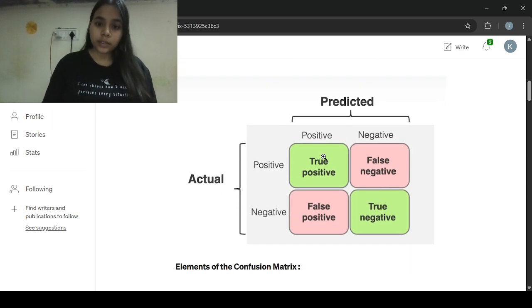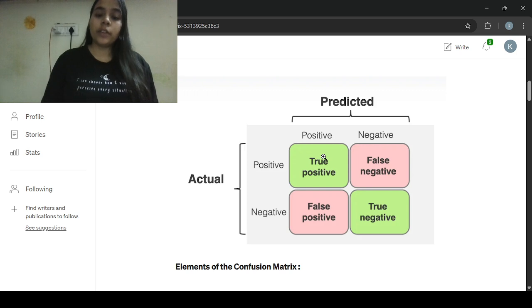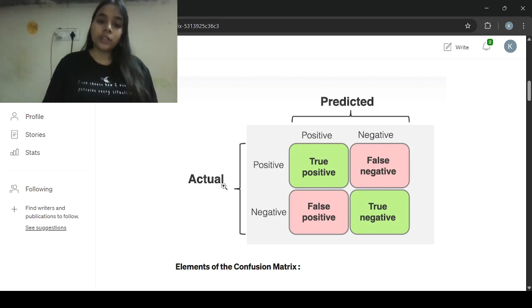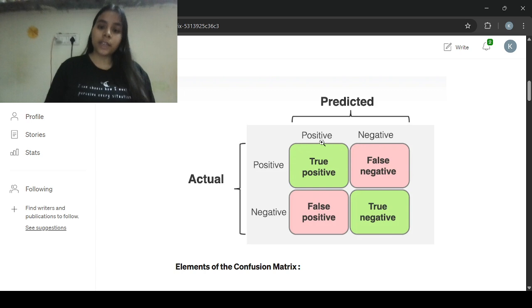This is the basic structure or graph for the confusion matrix. In this, there are two types of data. First one is the actual data and the second one is the predicted data. If any result is predicted as positive and actually it is positive, then it is called true positive.